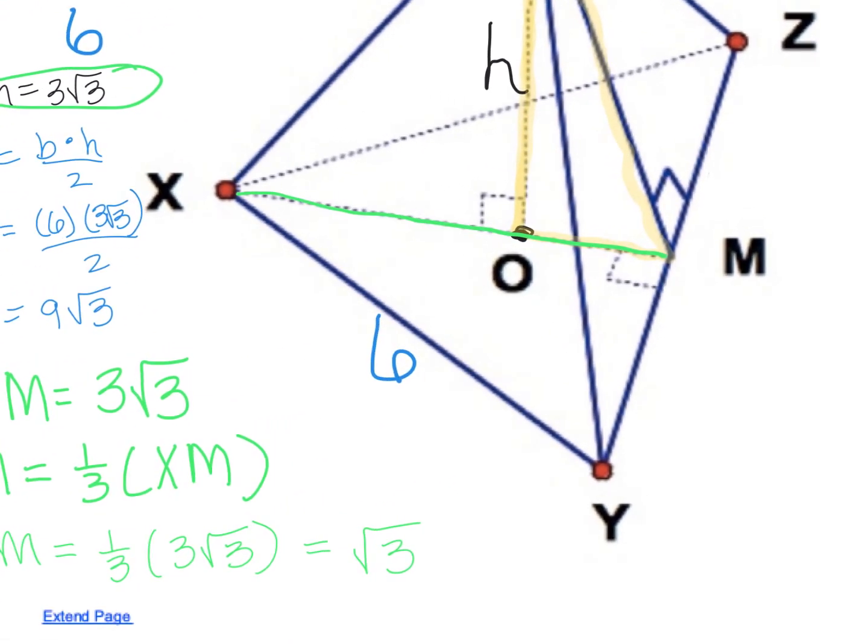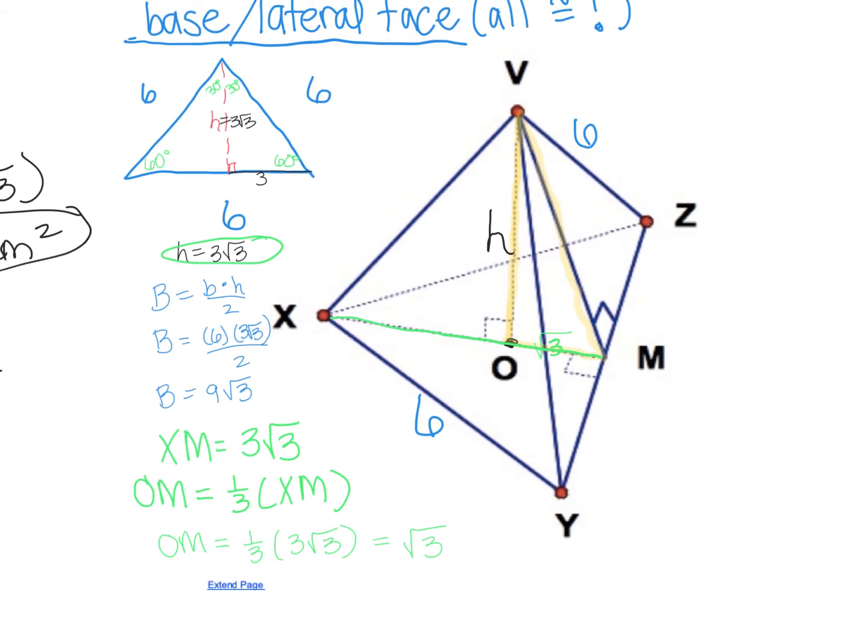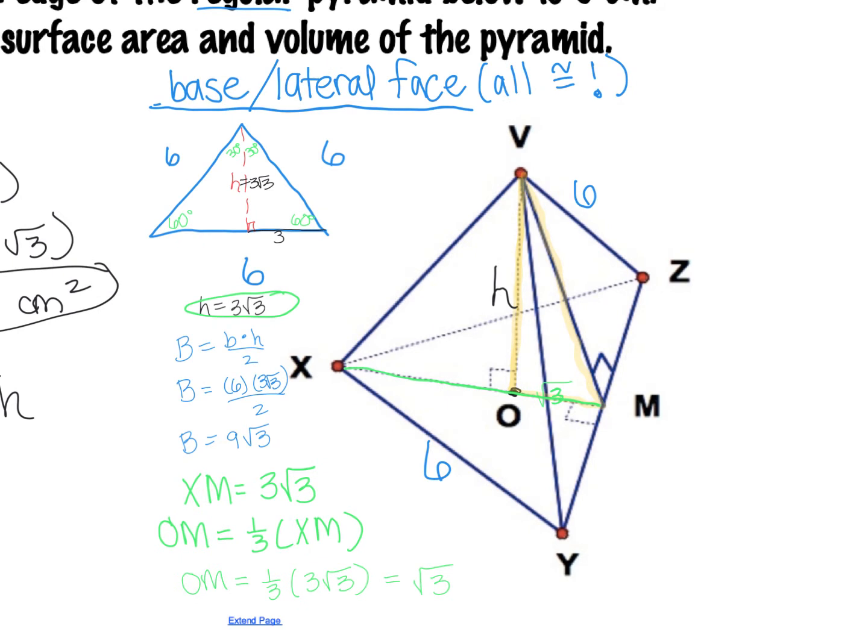Okay, radical 3 is going to be OM. And then for the next part, believe it or not, we actually know the length of VM because that is the slant height. And in this case, we said the base and lateral faces are all congruent. So the slant height would be the height of one of those, which we found earlier to be 3 radical 3. So let's label that in our picture as well.